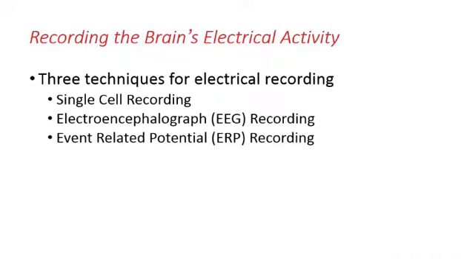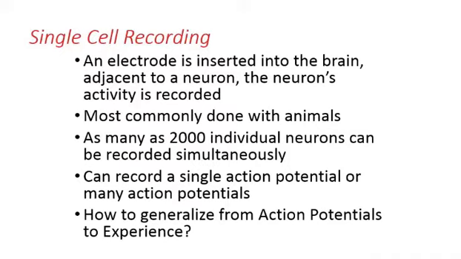But in terms of recording the brain's electrical activity, there are generally 3 techniques for electrical recording. One of those is the single cell recording, trying to put an electrode into a single neuron to record its activity. Then the electroencephalograph recording and the event-related potential recording. So the single cell recording involves the insertion of the electrode into the brain adjacent to a neuron and then recording that neuron's activity.